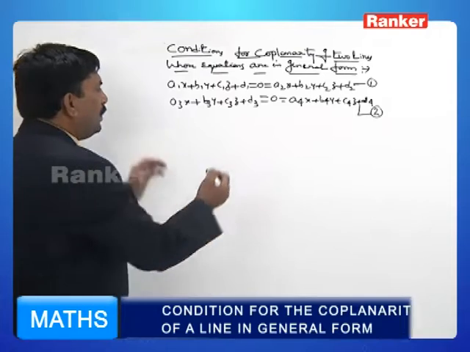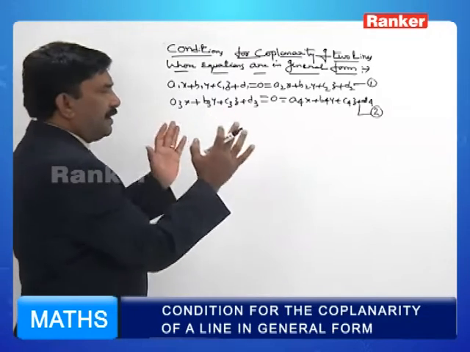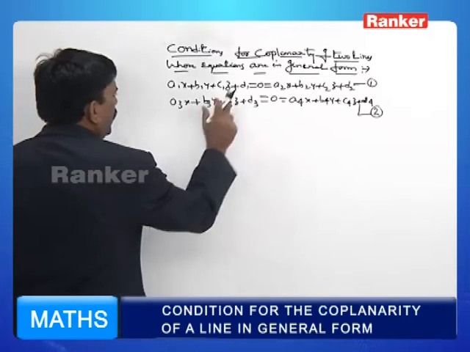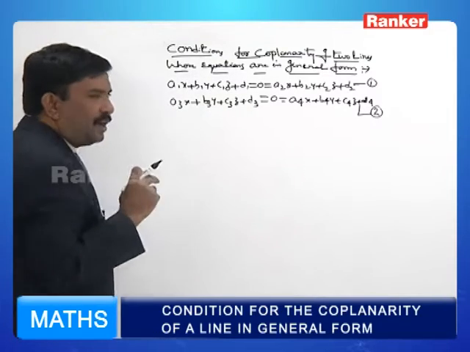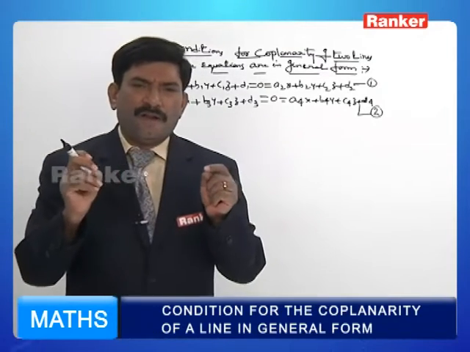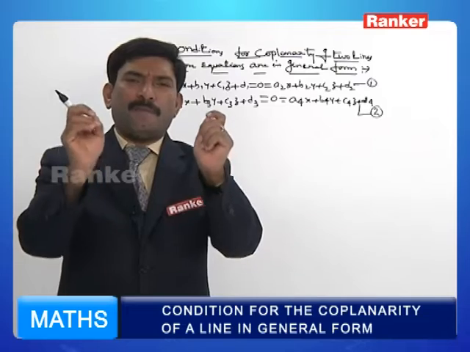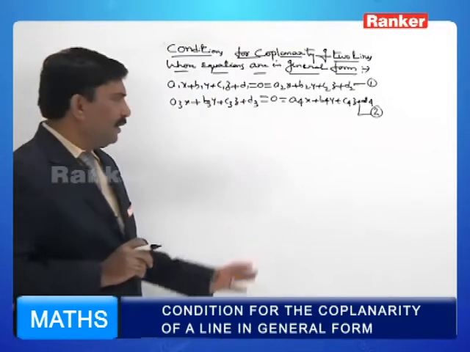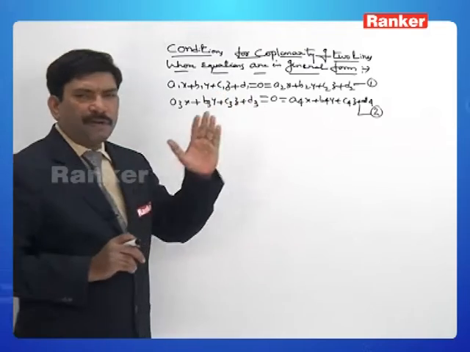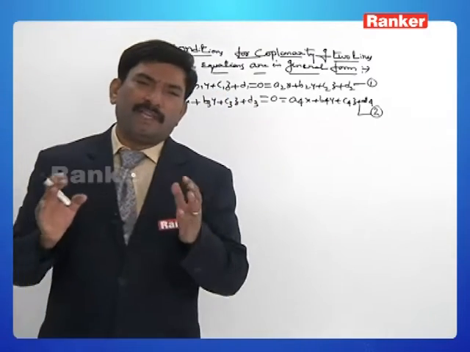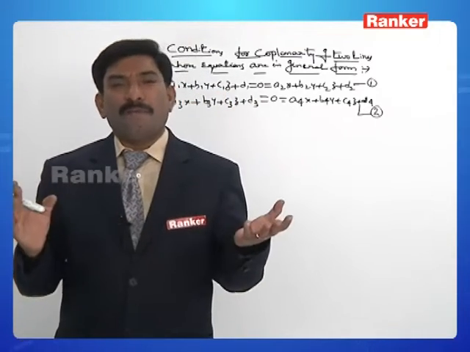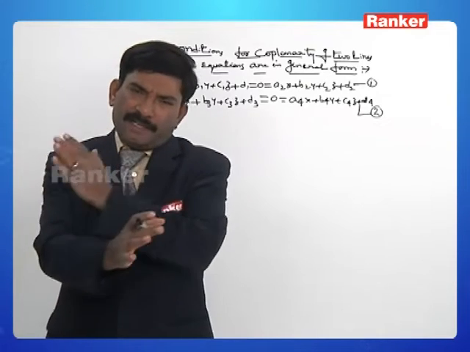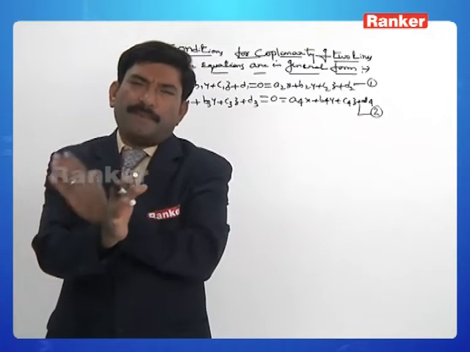Now, when the two lines are in general form, suppose 1 and 2 are coplanar and non-parallel. Coplanar means lying in the same plane, and non-parallel means they must intersect at some point.